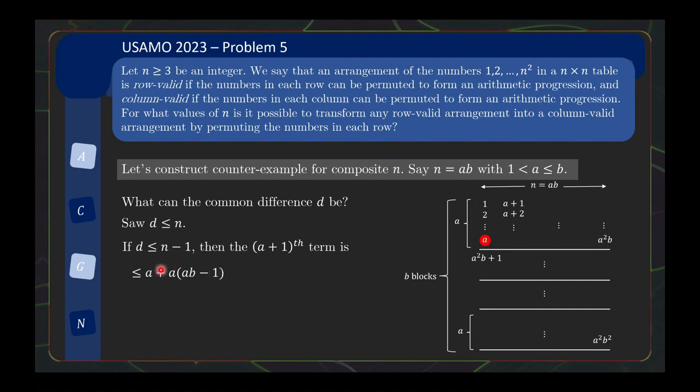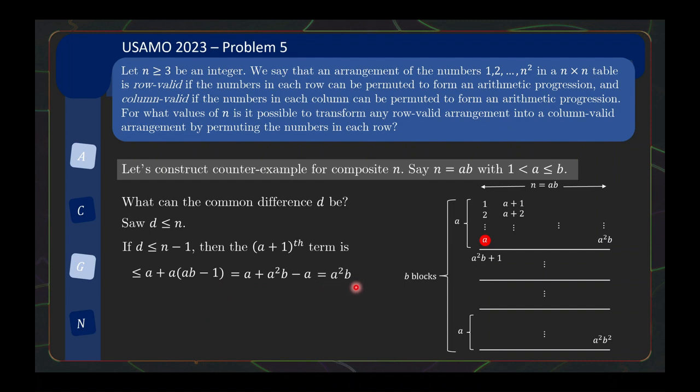And the first term is at most A. It could be even smaller for all we know. It's at most A, then plus A times the common difference. The common difference here is at most n minus 1, so it's at most AB minus 1. This evaluates to A squared B.